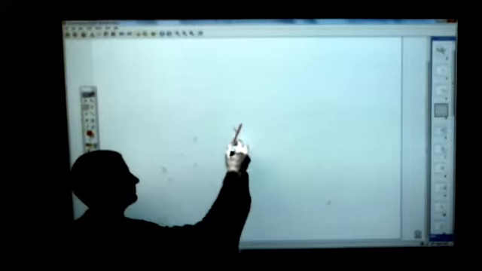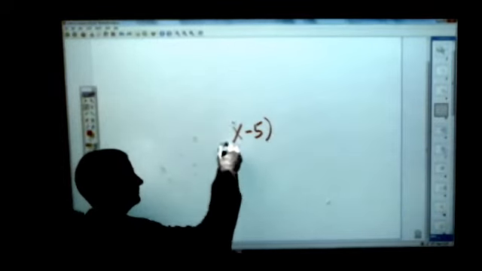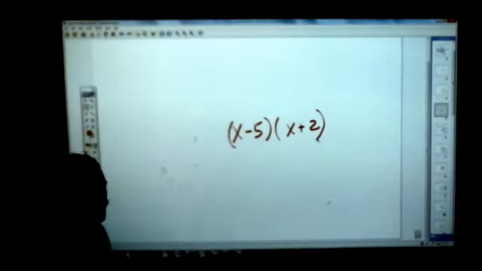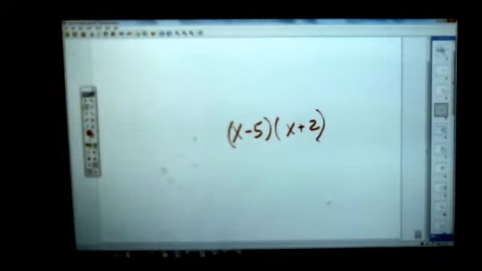How about this one? x minus 5 times x plus 2. Who thinks they can tell me the trinomial that those two binomials will get? Anybody think they can do that right off the top of their head? We should just say it in unison. The first term will be, wow, most of you got that. x times x is x squared.